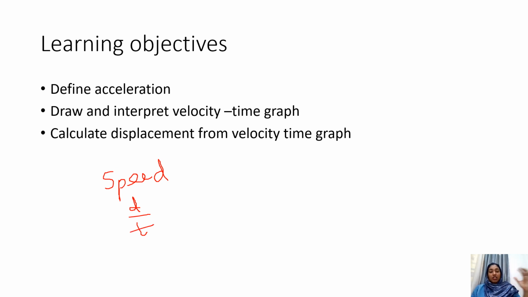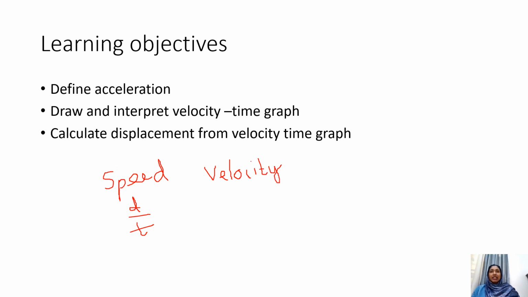Here we are not specifying direction. Now, what about velocity? Velocity is nothing but displacement over time, change in displacement over time, or you can say the rate of change of displacement.